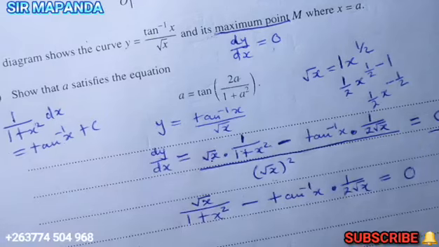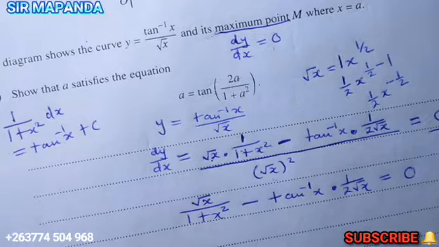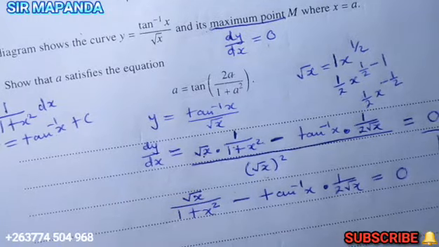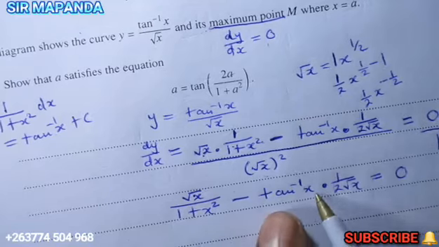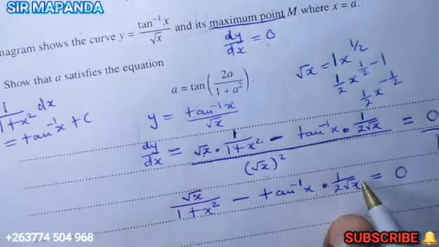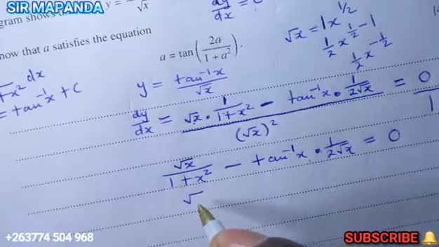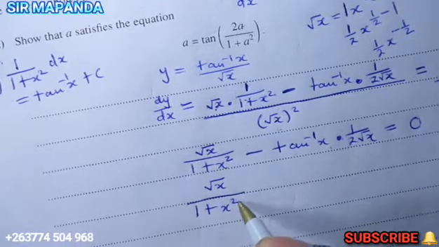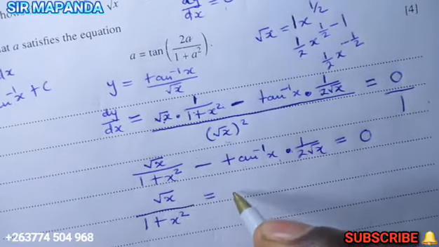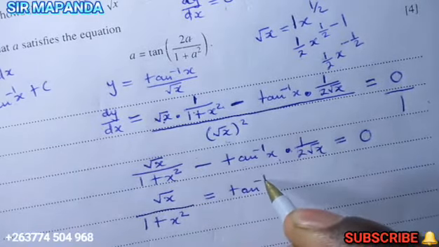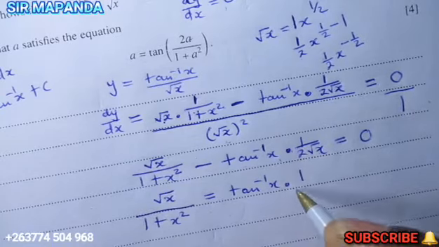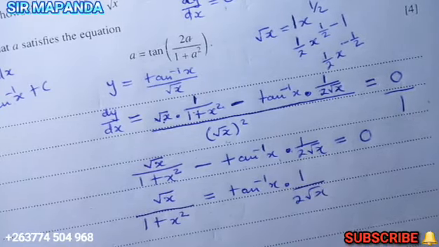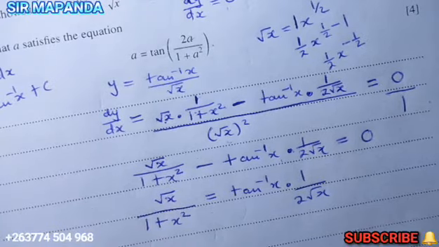So we now want to make arctan of x the subject of the formula. So to make arctan of x the subject of the formula, let me move arctan of x dot product 1 over 2 root x to the right side. So you have root x over 1 plus x squared equals arctan of x dot product 1 over 2 root x, like this, right? Then we do the process of cross multiplication.